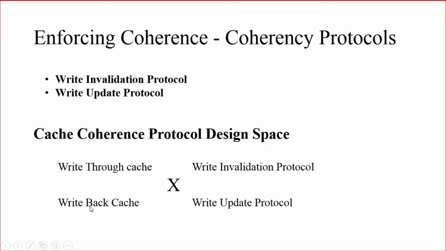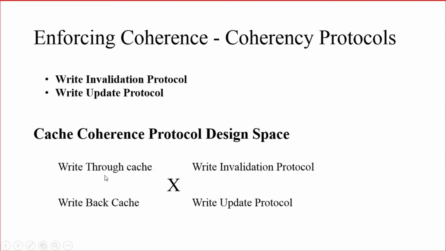Since we have these two categories, the cache coherence protocol design space consists of 4 protocol types. What are they? One is write through cache with write invalidation protocol.